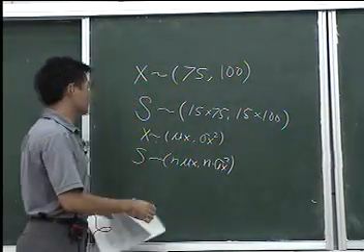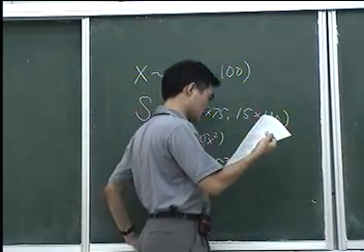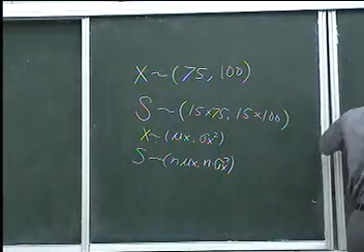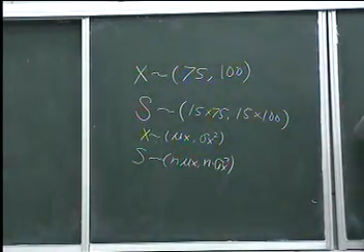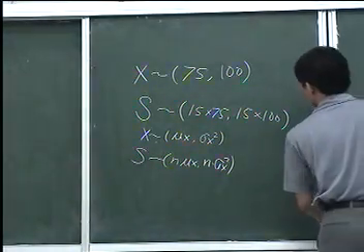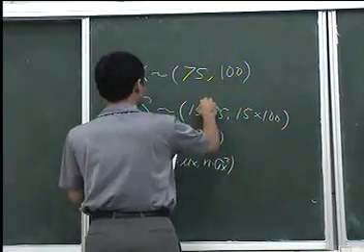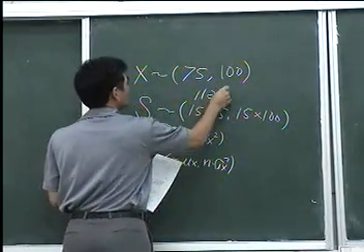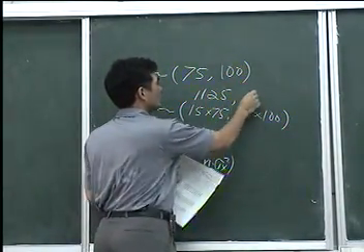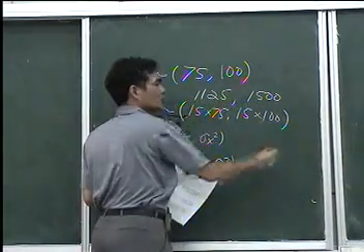Okay? So basically what you're going to do, of course you know, this is equal to 1125, right? And this is equal to 1500, okay?